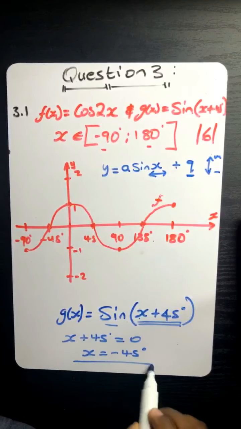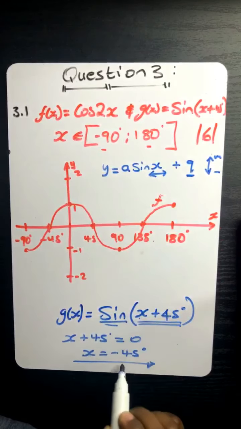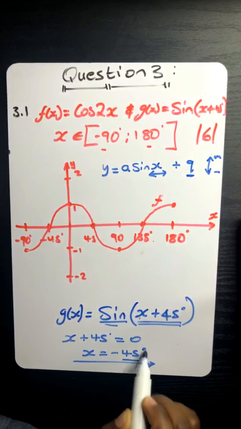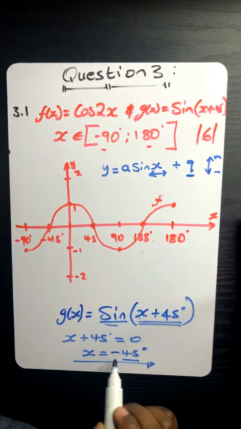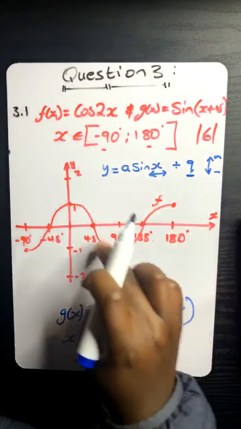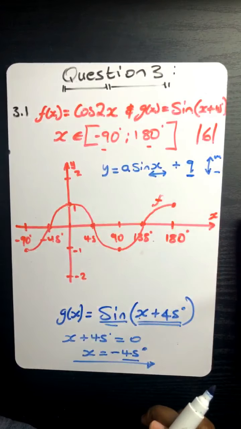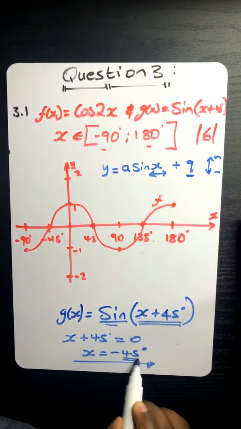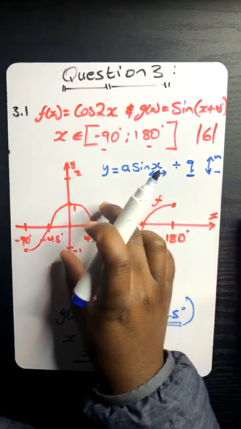So this sine function has shifted by 45 degrees on the negative side of the Cartesian plane. If you shift f by -45, you take it as it is and then shift it to the left.